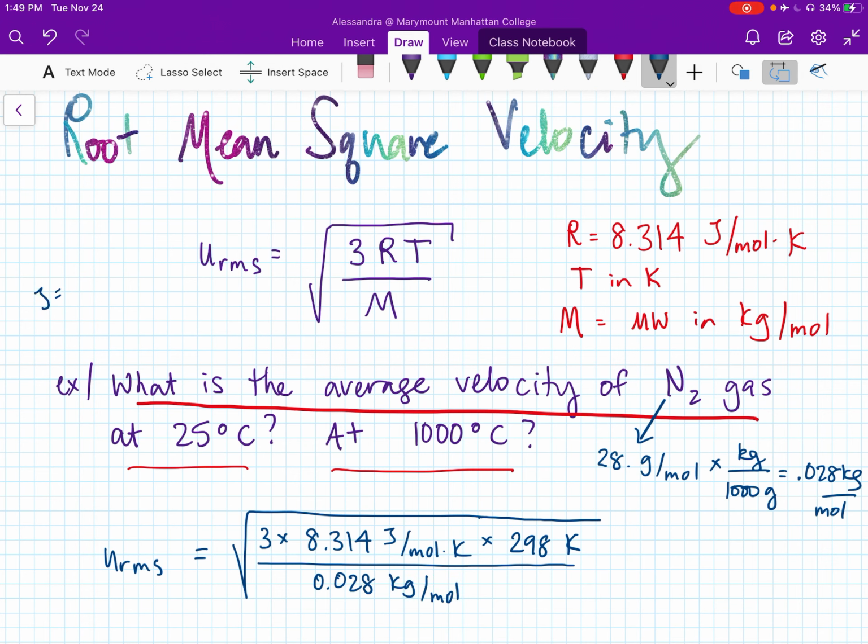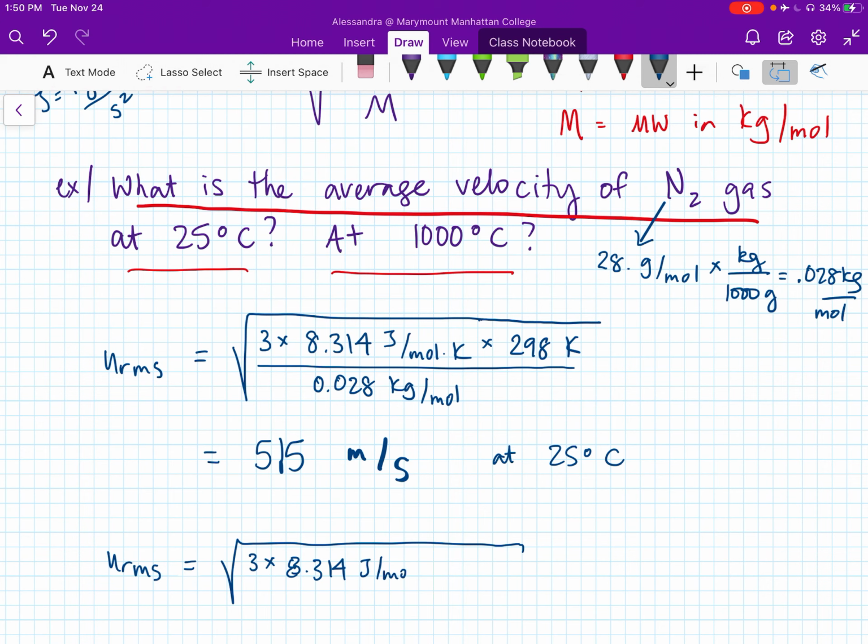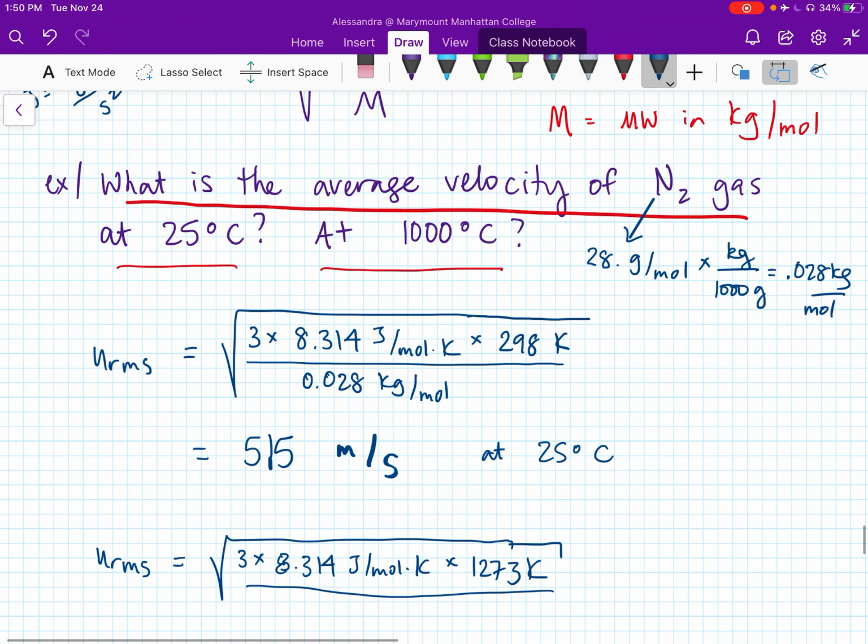Now I could do an exactly similar calculation at 1,000 degrees Celsius. Everything is the same except the temperature. So I still have my R, 8.314 joules per mole Kelvin. But now I have 273 plus 1,000, so that's 1,273 Kelvin over the same molecular weight, 0.028 kilograms per mole.